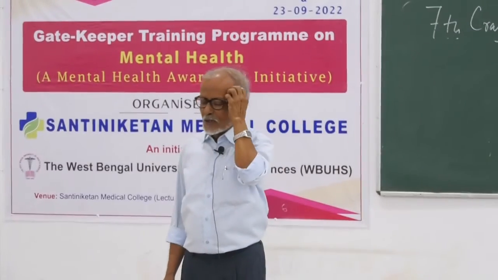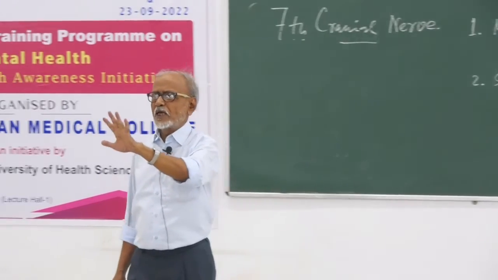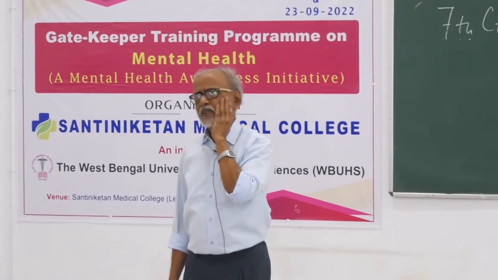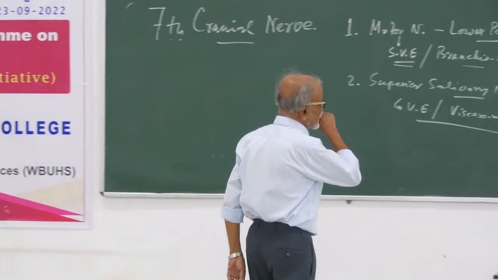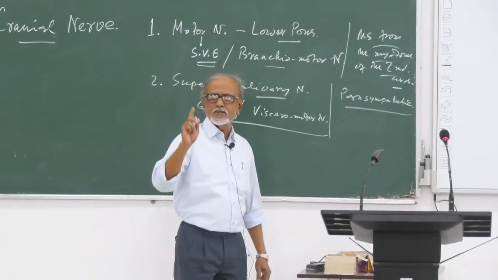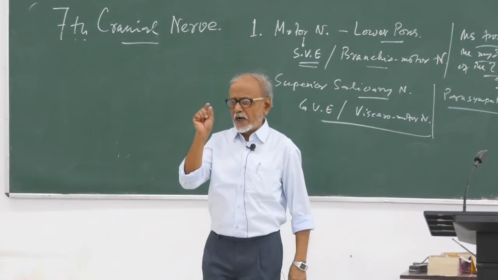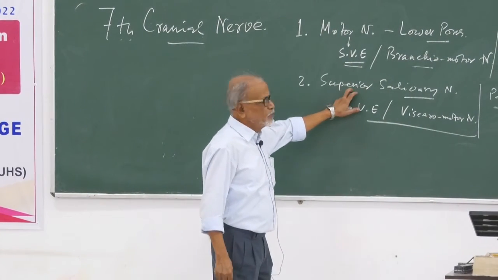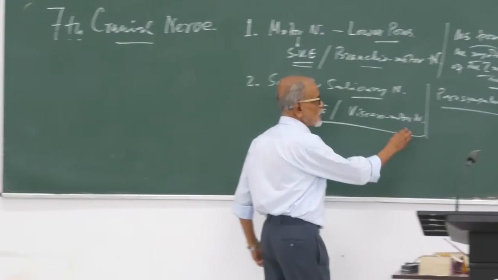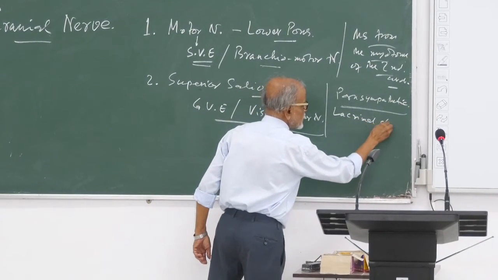Anyway, the parasympathetic fibers will be supplying glands. Which glands will these fibers supply? As an undergraduate you must know the names of the glands. The most important glands supplied by these neuronal fibers are the lacrimal gland.